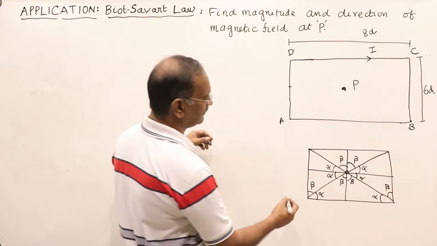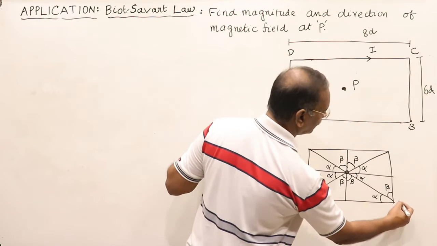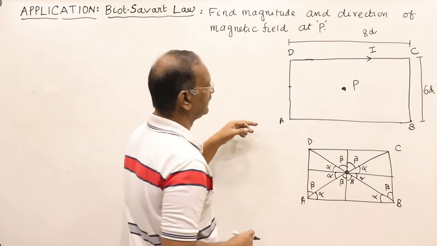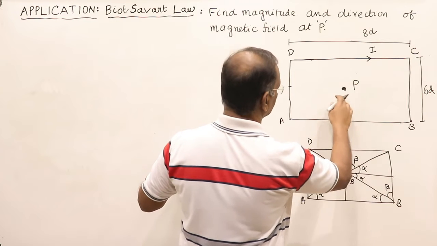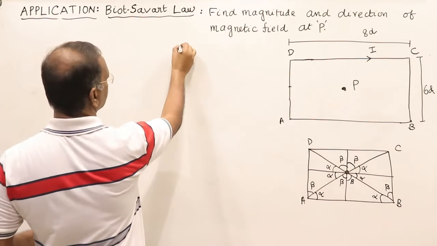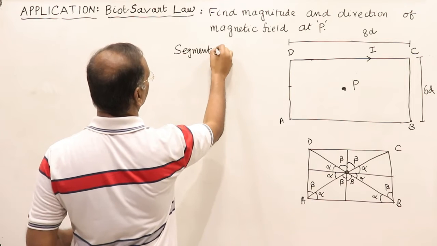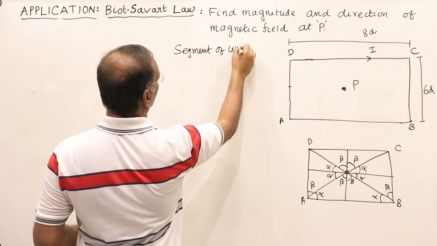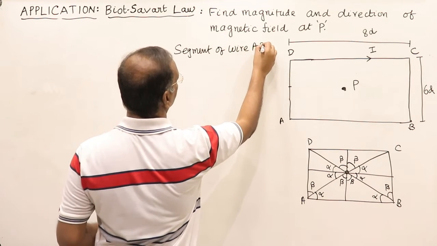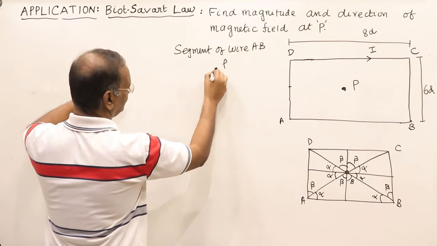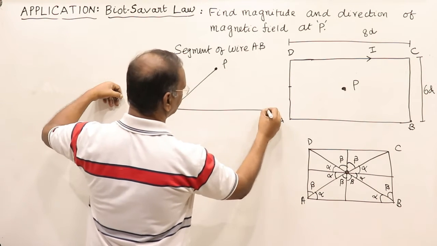Now this is E, B, C, D. We'll take this segment of wire AB. So then this is the point P. We can draw it like this.